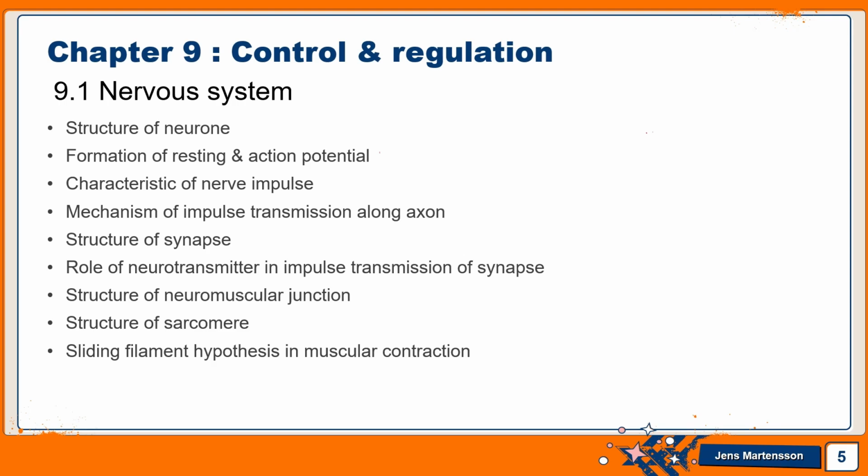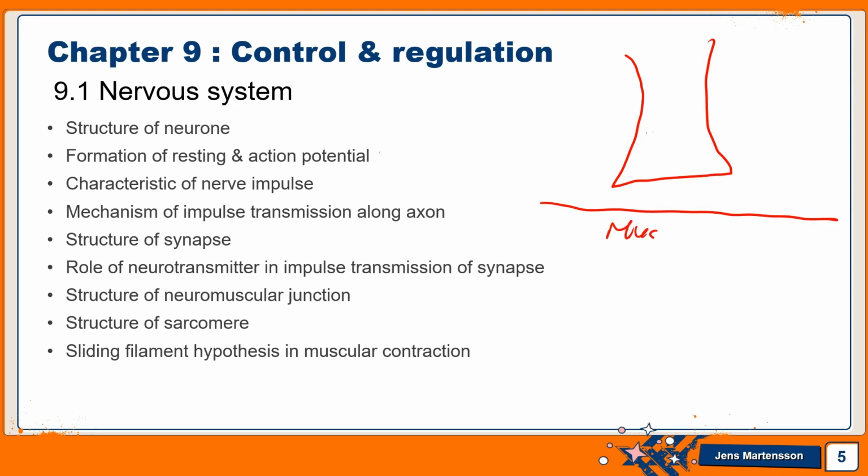The structure of neuromuscular junction is similar to synapse, but the difference is that the terminal part is muscle cells. This is neuron, but the terminal part is muscle cells.